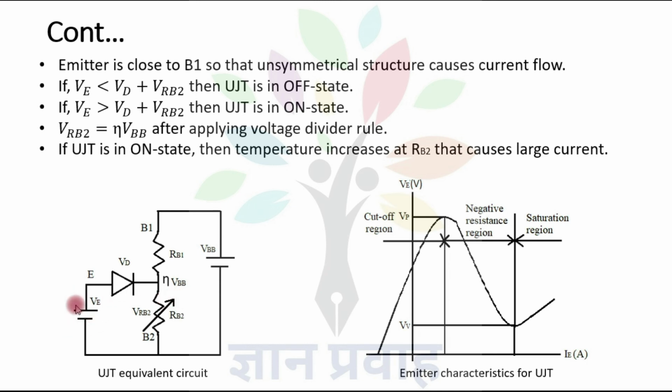voltage. So emitter voltage is applied with respect to base 1, and the voltage between base 1 and base 2 is VBB.